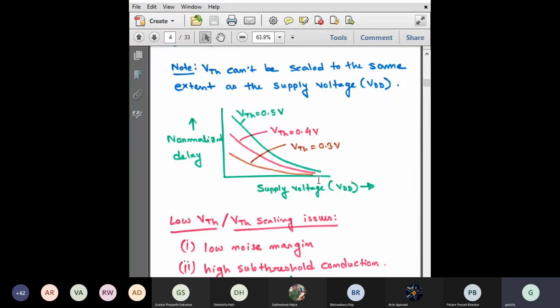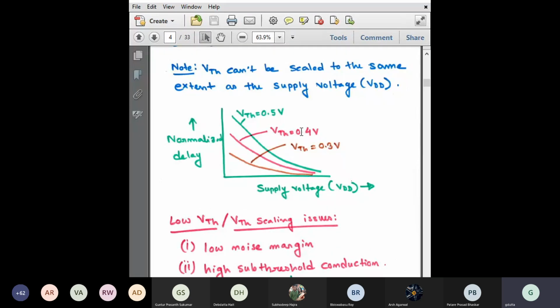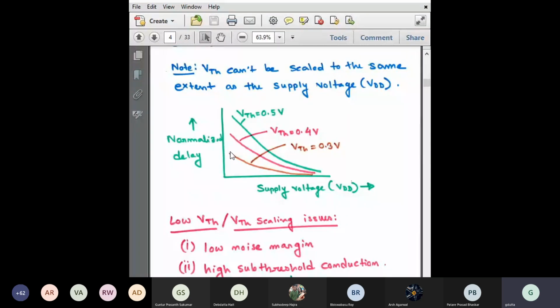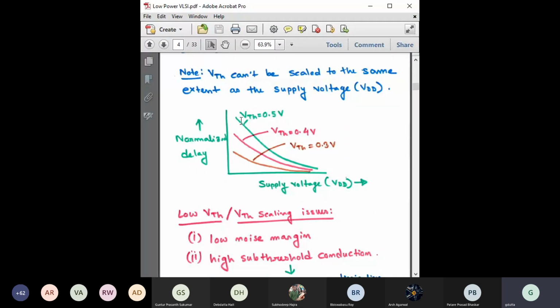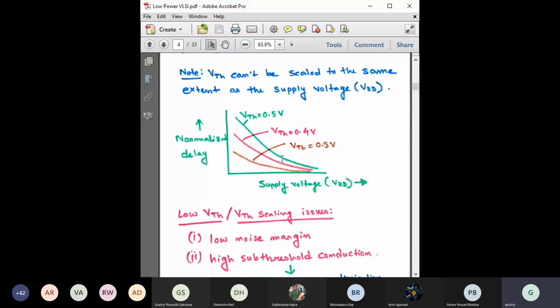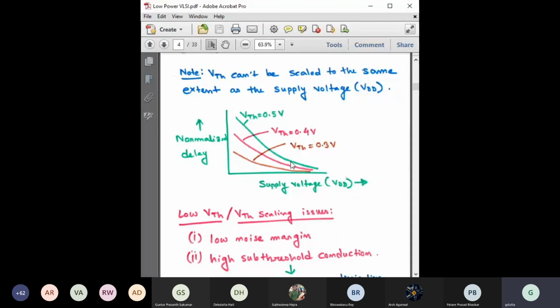Now what will happen if you further reduce the threshold voltage, say to 0.4? Then the plot looks something like this. If it is 0.3, then the plot looks like this. So what I am trying to say is, suppose for 0.5 threshold voltage, for this much VDD, the delay is this, and suppose this delay is okay for us.